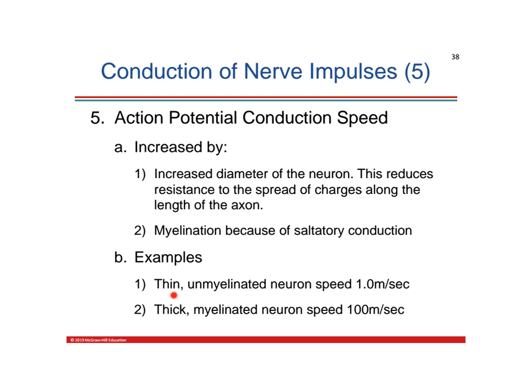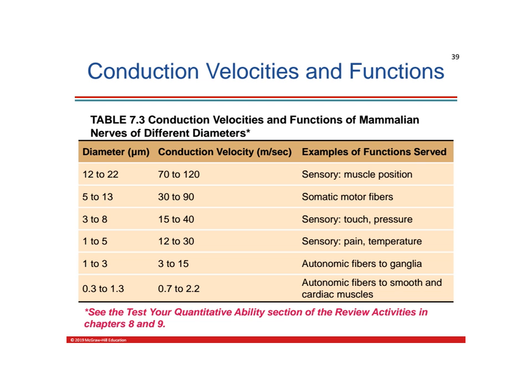So some examples might be a thin unmyelinated neuron might have a speed of only 1 meter per second, which is relatively slow. A large diameter myelinated neuron might have a much higher conduction velocity of, say, 100 meters per second.